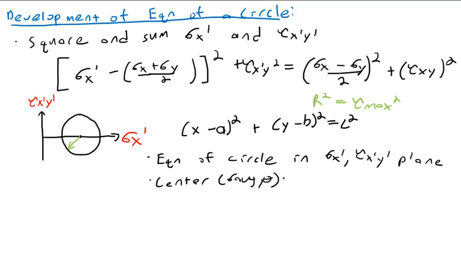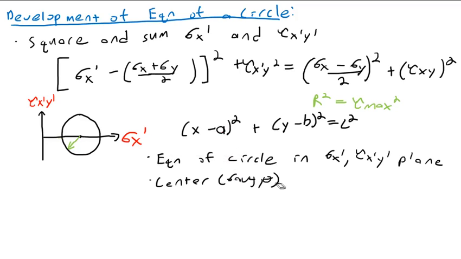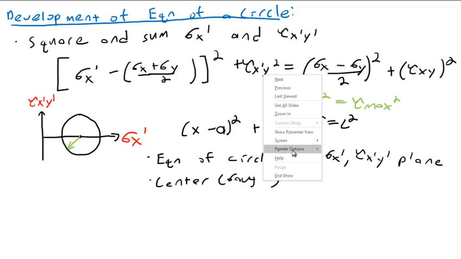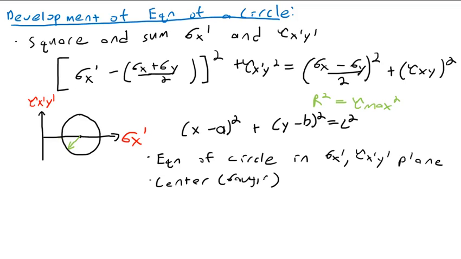So we want the equation of a circle in the sigma x prime, tau x prime y prime plane. The center is at sigma average, comma 0, because we remember from a previous lecture that the average normal stress is just the numerical average of the minimum and the maximum. That should be 0, sorry. The center is right at sigma average, comma 0, where sigma average is sigma x plus sigma y over 2.